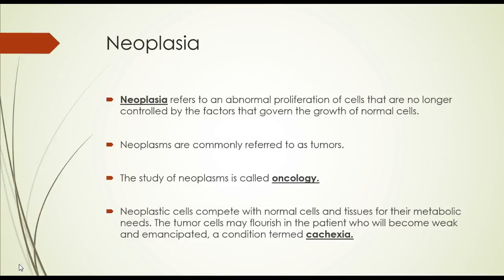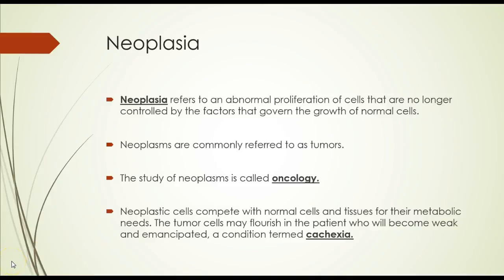Now those alterations in cell growth can lead to neoplasia. A neoplasm is new growth or an abnormal proliferation of cells that's no longer controlled by the factors that govern the growth of normal cells.